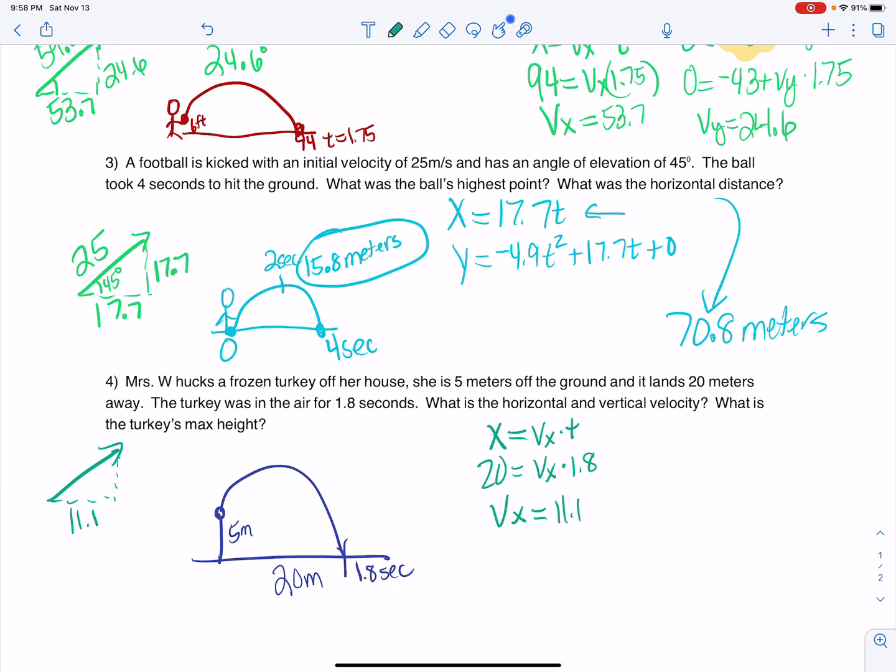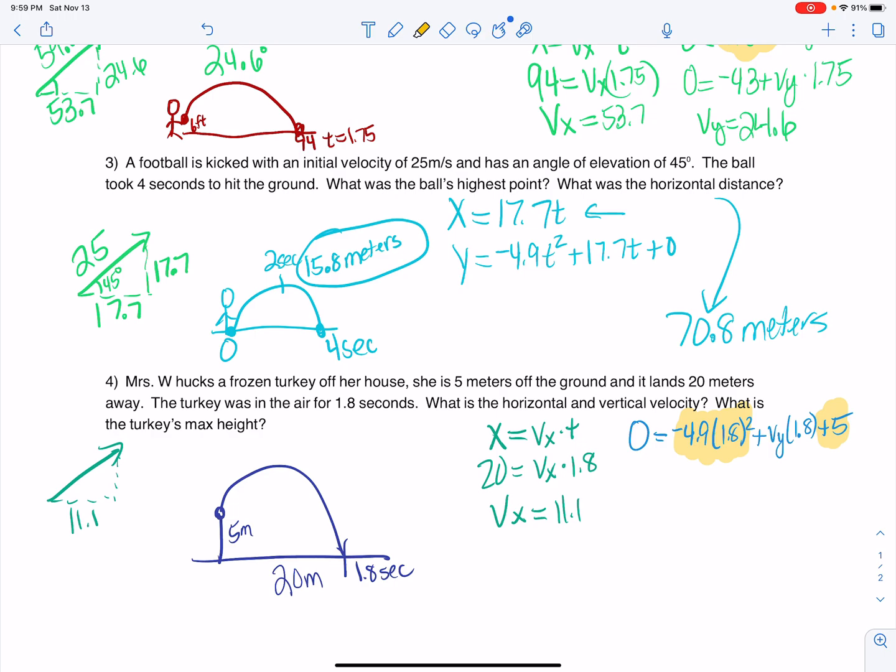And then I'm going to do the same thing for my y. My y equation would say y equals negative 4.9 times 1.8 squared plus v sub y times 1.8 plus my starting height, which is 5 meters. Oh, and I'm at the ground at 1.8, so that's a 0. Again, I just like to type everything in on the side that doesn't have a variable.